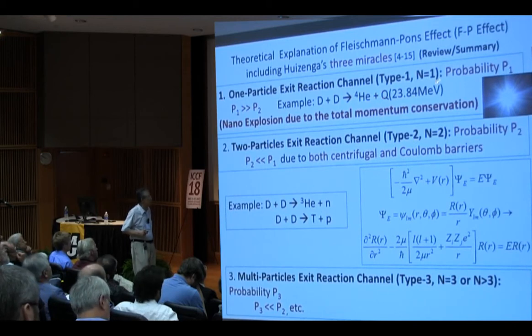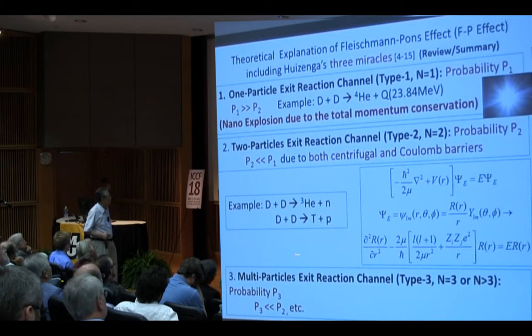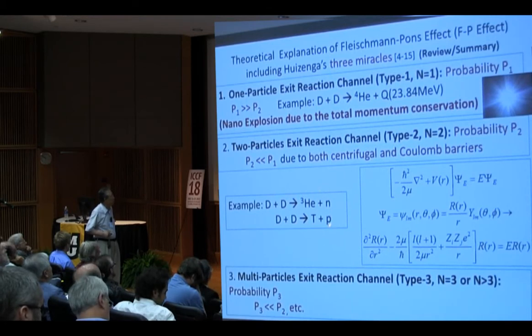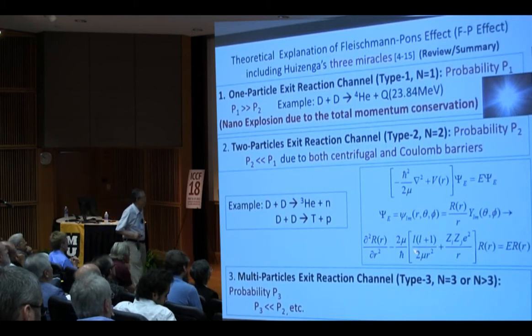This is the Fleischmann-Pons effect. And the reason why the other channel doesn't have a high probability is that once you try to go to this exit channel, it has to go through an additional Coulomb barrier penetration to go out, as well as, if you look at the energies involved, a centrifugal barrier.